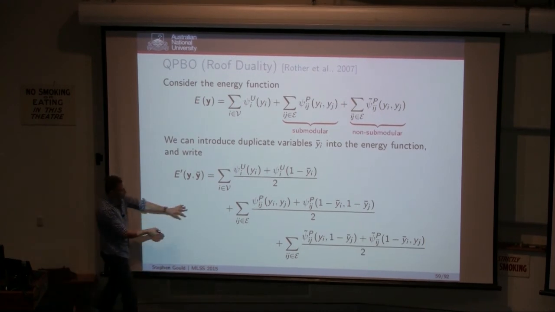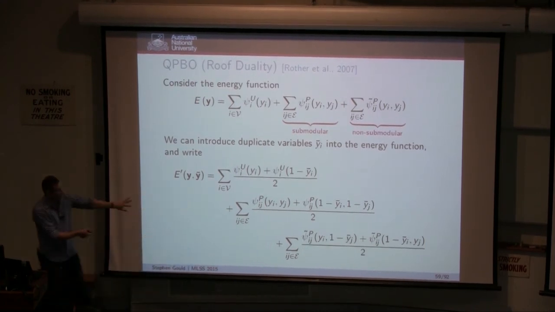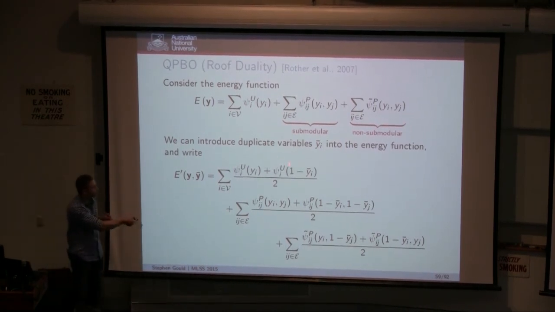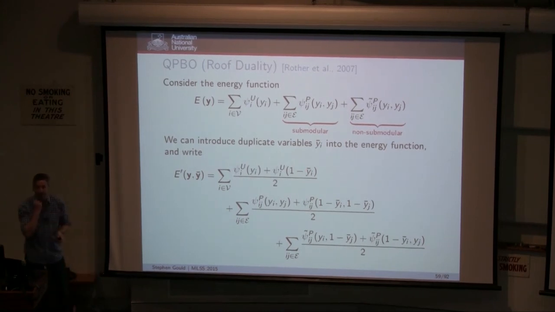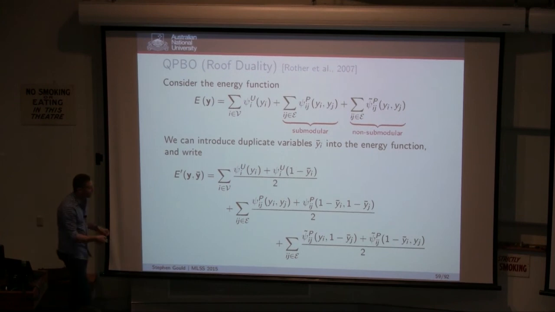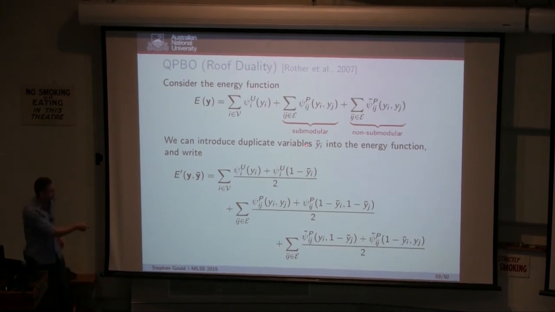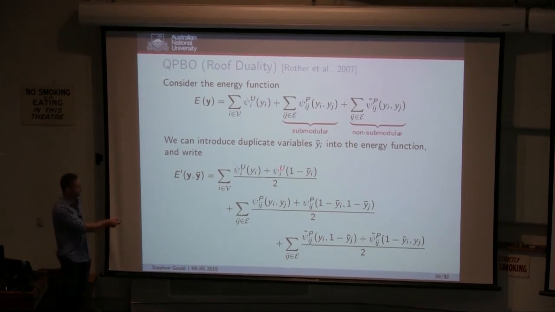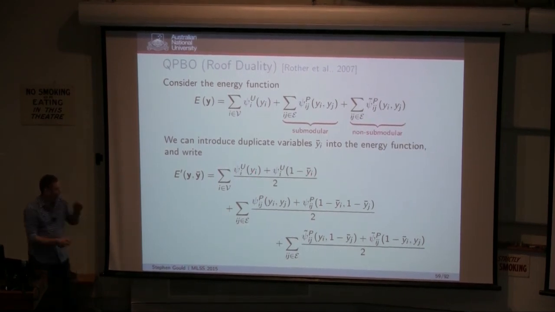So I haven't done anything particularly tricky yet. I've just written this in a different form where I now have these negated copies of the variables. And if I enforce the fact that these negated copies are true negations, so that y_i bar is 1 minus y_i, then this is exactly the same energy function as before.